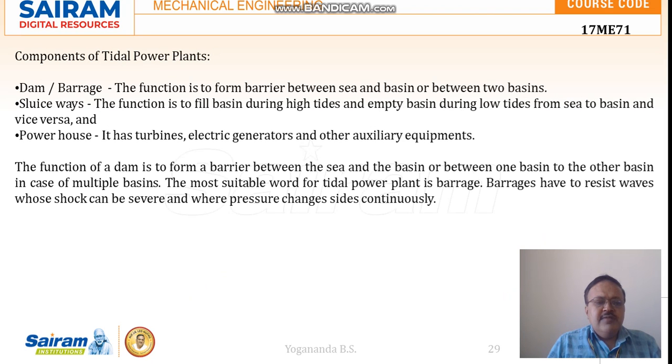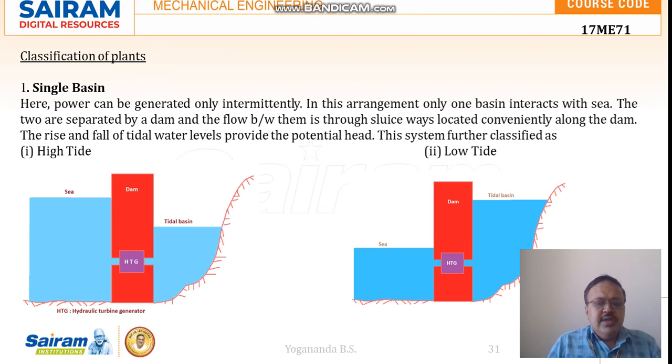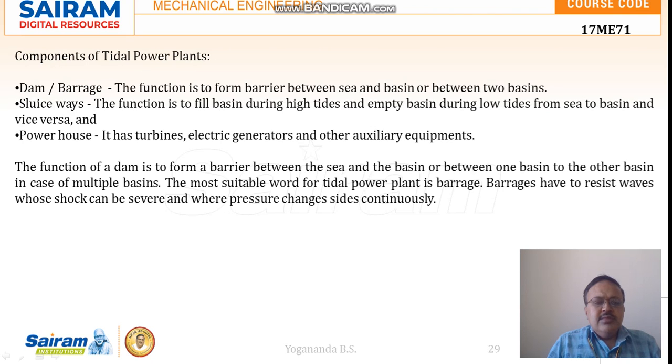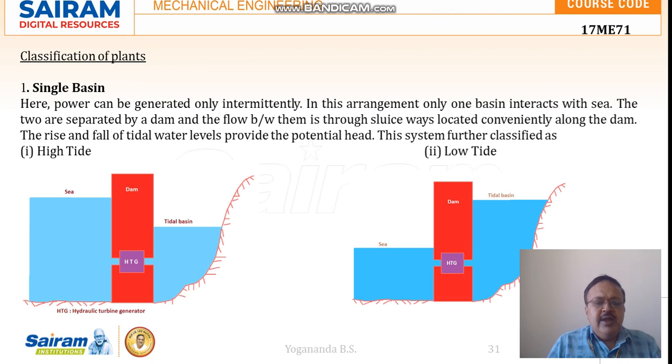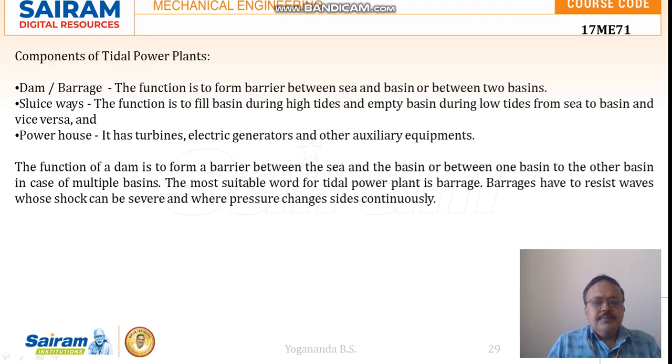Then the sluice ways. Here we have the sluice gates, so that by opening these gates the basin will be filled. During the high tide, when there is a rise in the water level in the sea, by opening the sluice gates the excess sea water resulting from the high tide flows towards the tidal basin and gets filled in the basin.